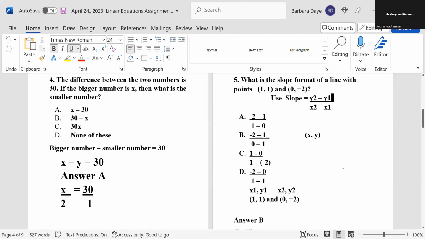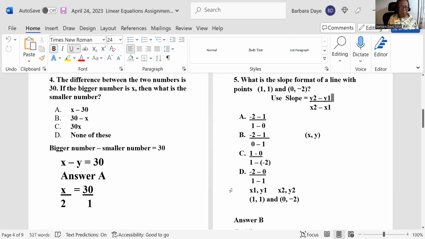You see how you got the answers? Can you set it like that, if it's X1, Y1, X2, Y2? Well, I label them.